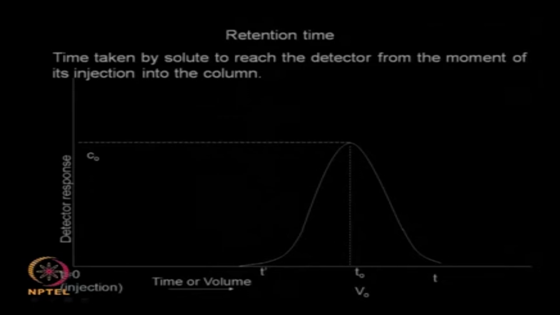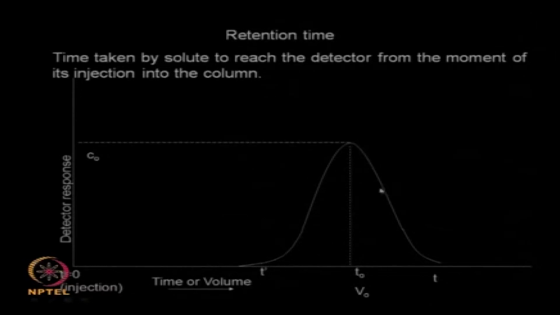So when the component comes out of the column, there is going to be a detector response, so it will appear like this. There is an increase in the detector response, and then there is a decrease. Now this time is called the retention time. If it is in terms of volume, this is called the retention volume.